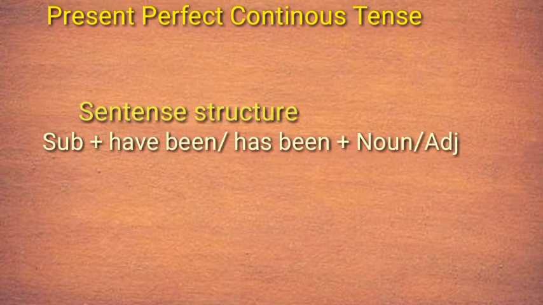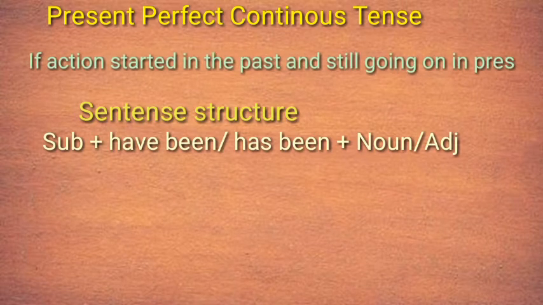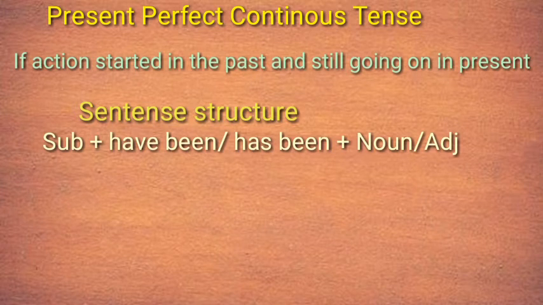If any work started in the past and is still going on in the present, then we use present perfect continuous tense. We use have been, has been, especially been, when we want to describe a time period.